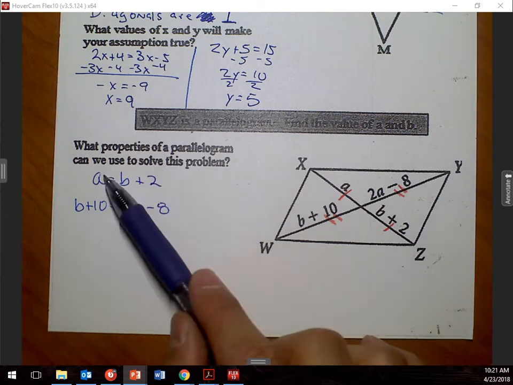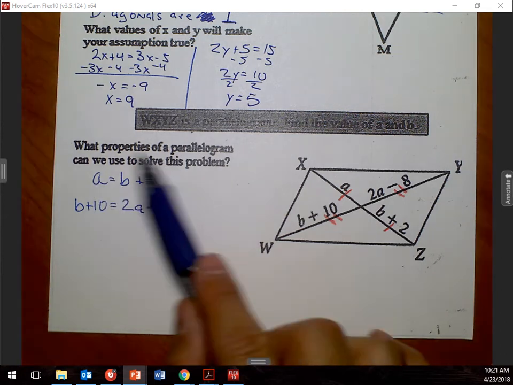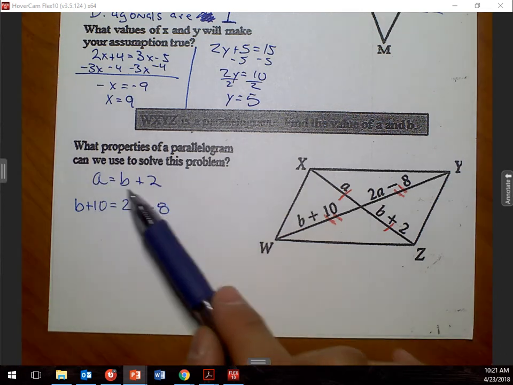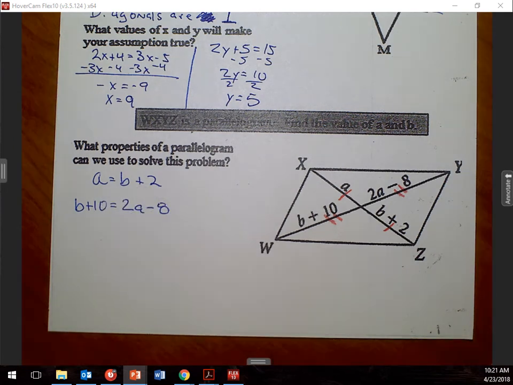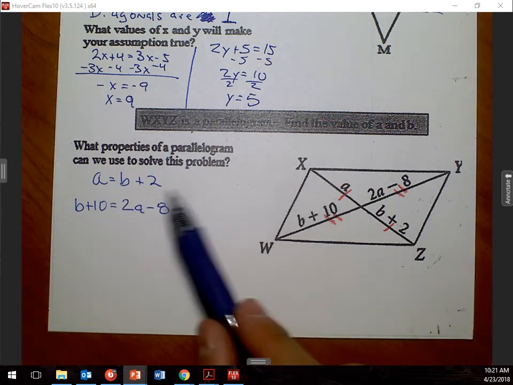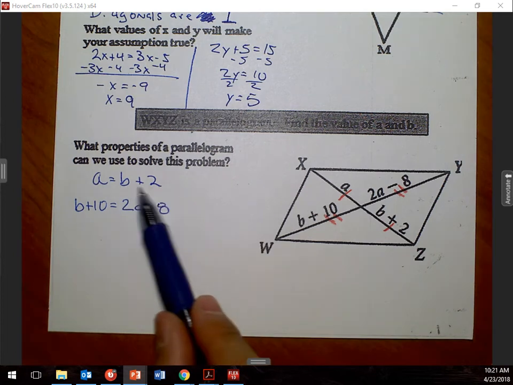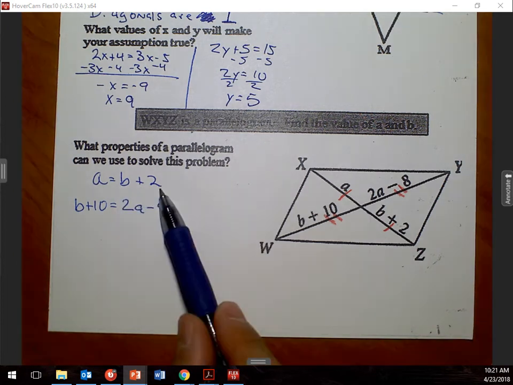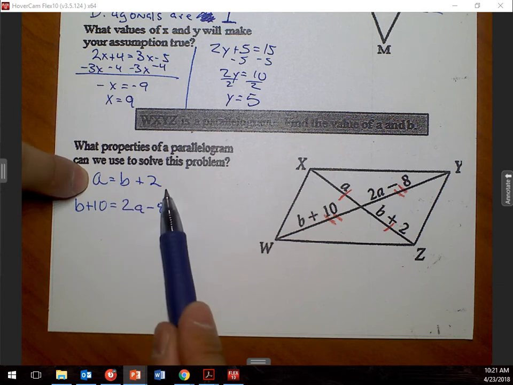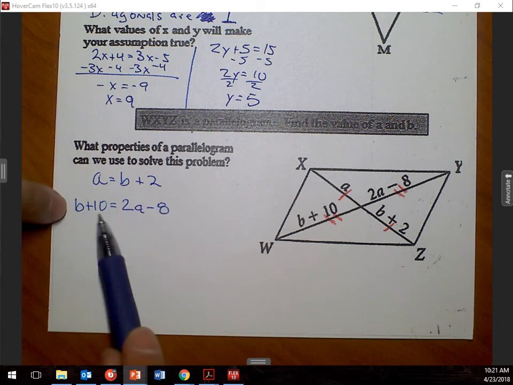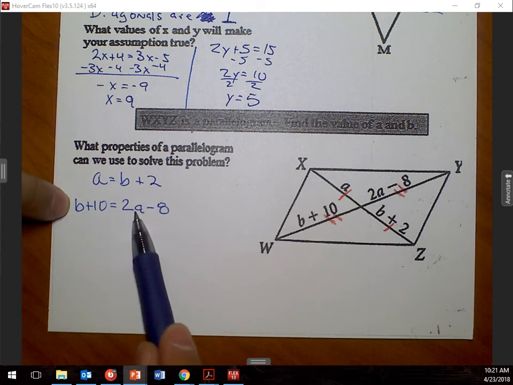So now, what I'm going to do here is called substitution. When I do substitution, I'm going to replace a with another value. So what am I going to replace a with? b plus 2, because it says a is equal to b plus 2, right? So in this problem down here, I'm going to replace a with b plus 2.